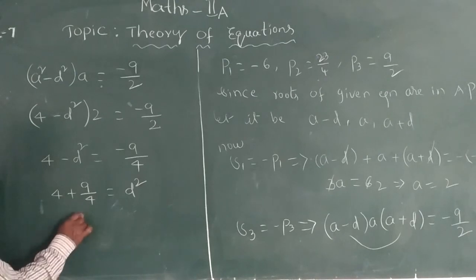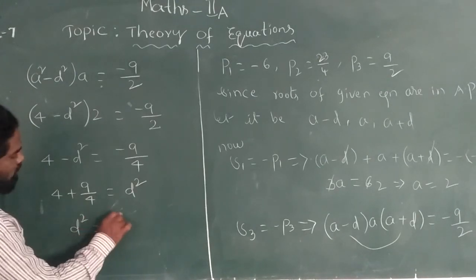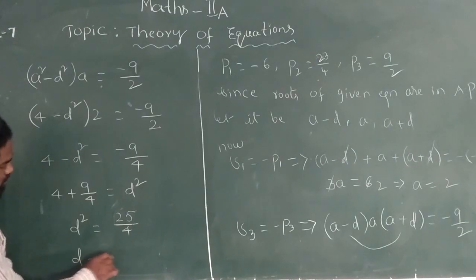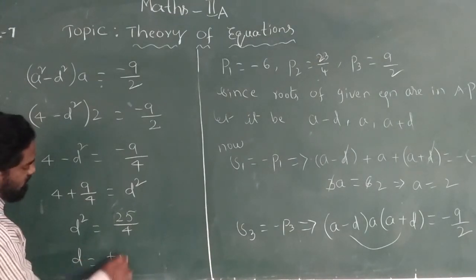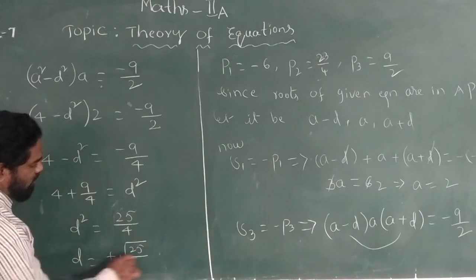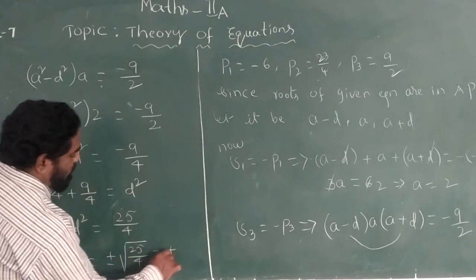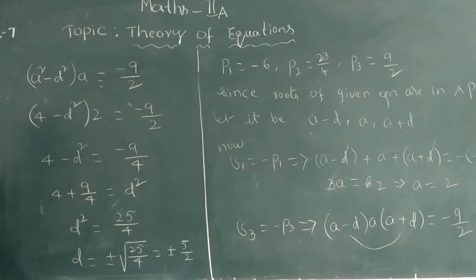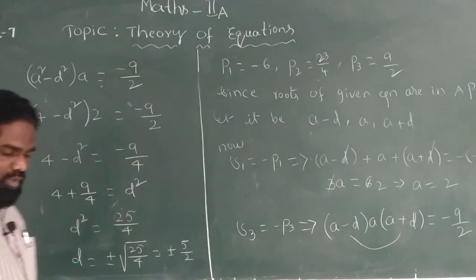How much will come? 25 by 4. d equal to plus or minus root 25 by 4. What will come here? Plus or minus 5 by 2.